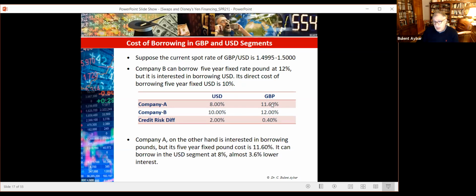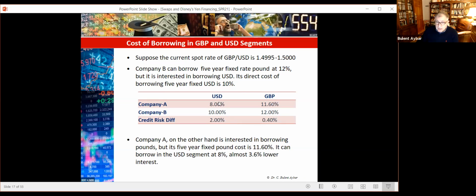And in the pound segment, they can borrow at 11.60% versus company B's cost of borrowing of 12%. The interesting thing here is that the credit risk differential in the US dollar segment is much larger as compared to the British pound segment. So this suggests that there is some mispricing in the market. Either there is mispricing in the dollar segment or the British pound segment.